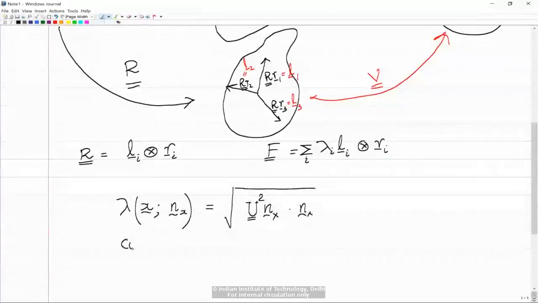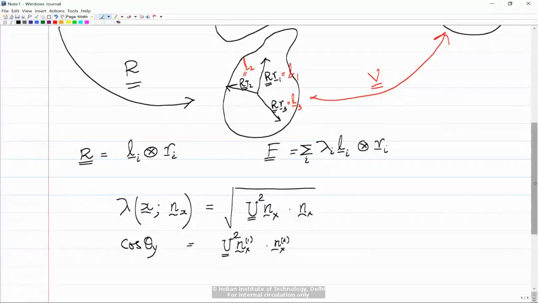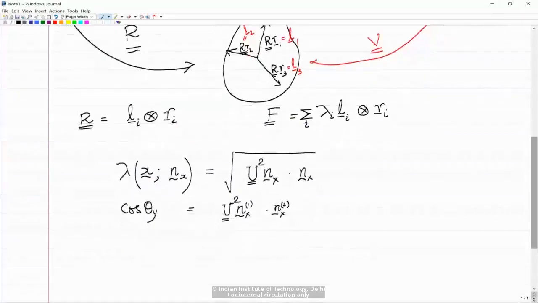And similarly, you saw that cos theta y, the deformed angle, was u square nx1 dot with nx2, where these two are the directions of the two line elements between which we want to measure the angle, divided by lambda n1x and lambda n2x.